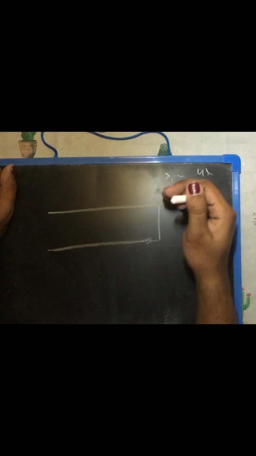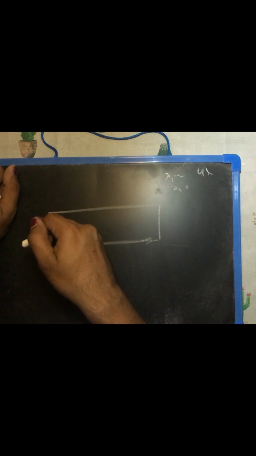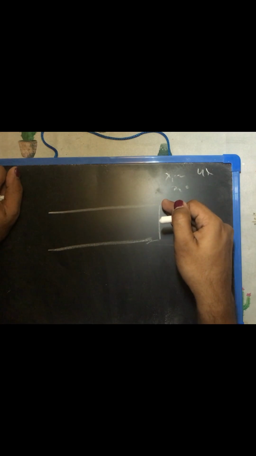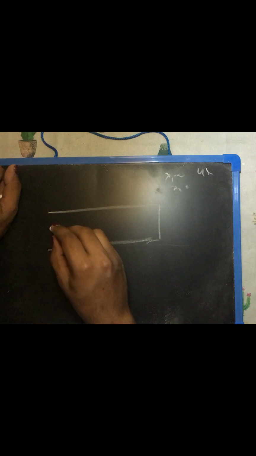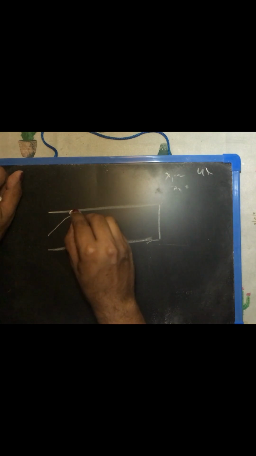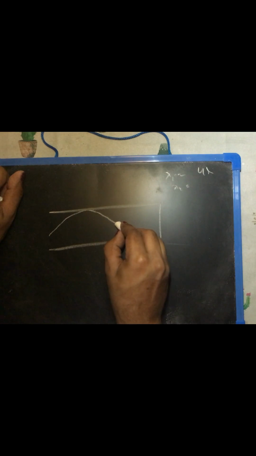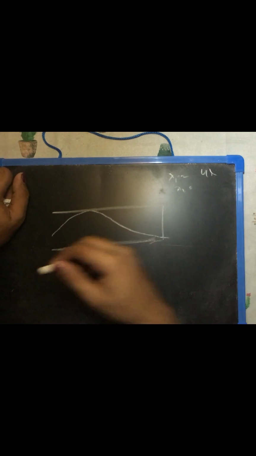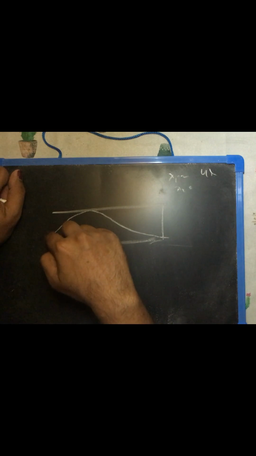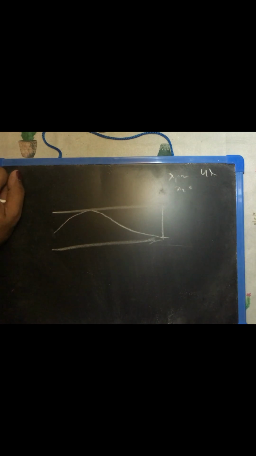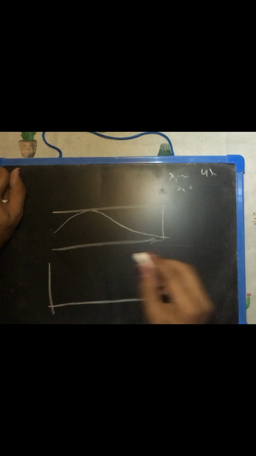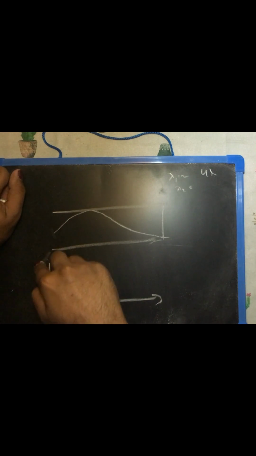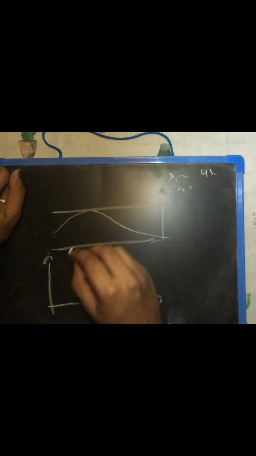Since I've said if one end has a node, the other one should have an antinode, so if this is like this, then this is how the second one looks, right? The second harmonic. And if you draw a graph of the wavelength of this wave, what does it look like?